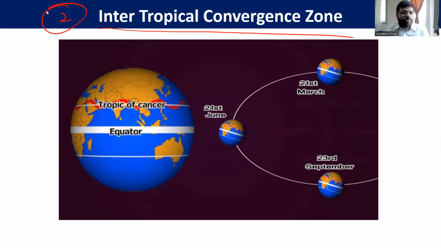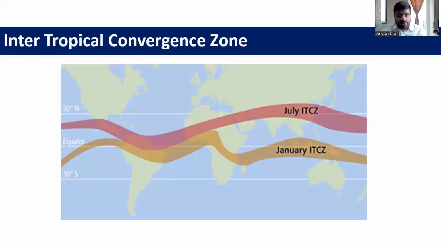ITCZ is a zone of low pressure which moves across the different parts of the tropical region by the apparent movement of the sun. You will see that in the month of July, it is virtually much in the northern hemisphere, almost reaching 25 to 30 degrees northern latitudes.